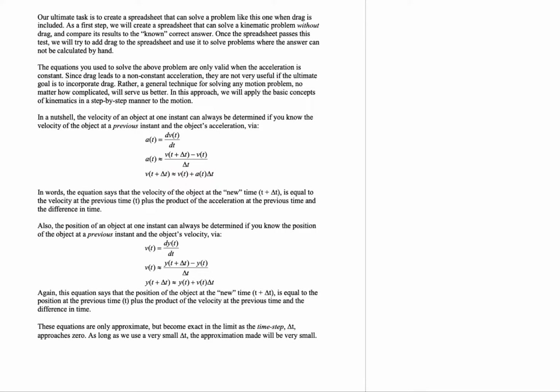They're saying the acceleration could be given by the velocity at a future time minus the velocity at a current time, divided by the change in time. So what does that mean for our situation?